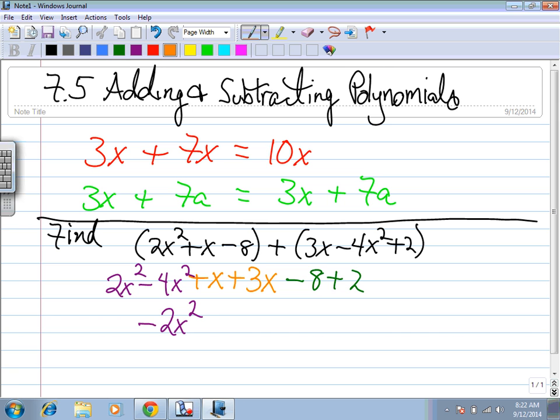Positive 4x. And what's the last one? Negative 6. Folks, that's your answer. That is all this is. It's very, very easy.